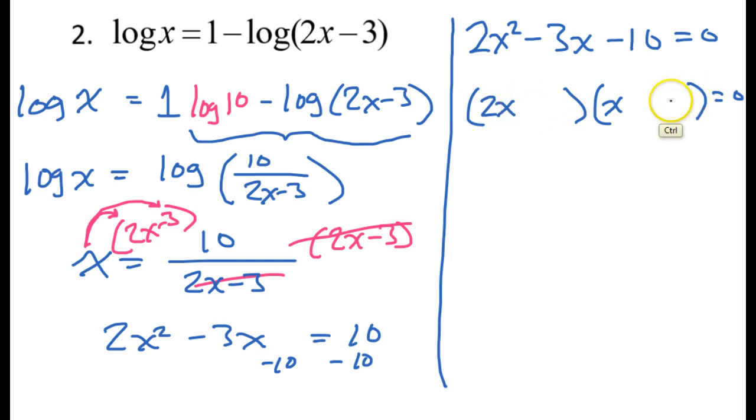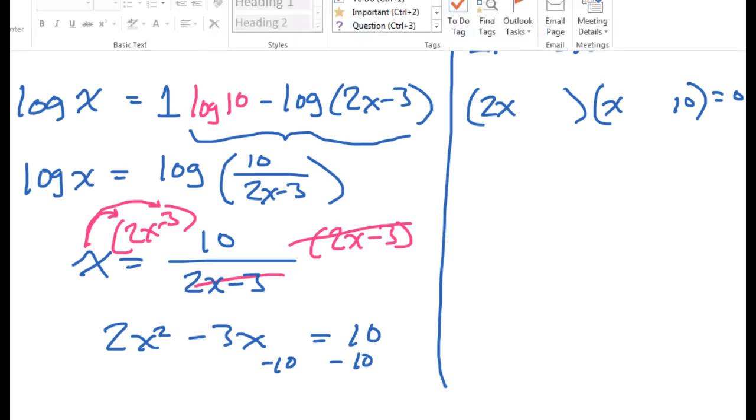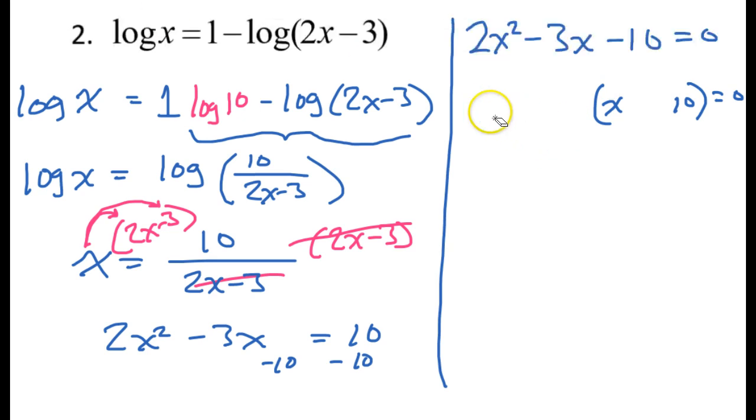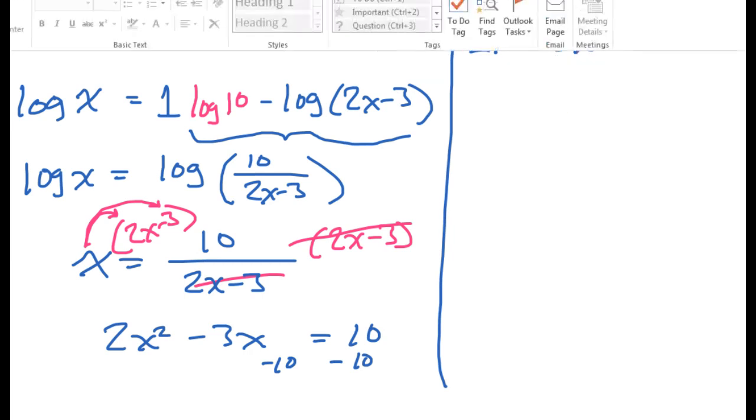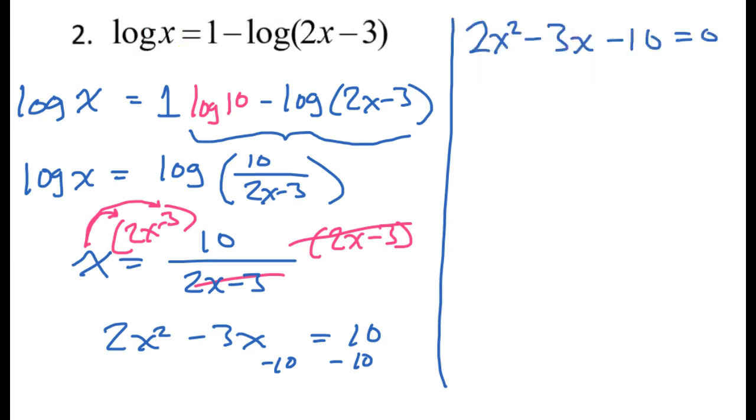If I put the 10 out here, that's going to make 20 and 1, so that's not going to work. So this is unfactorable. That means I'm going to have to do the quadratic formula. So my answers will be ugly. But what are you going to do? Got to do what you got to do.